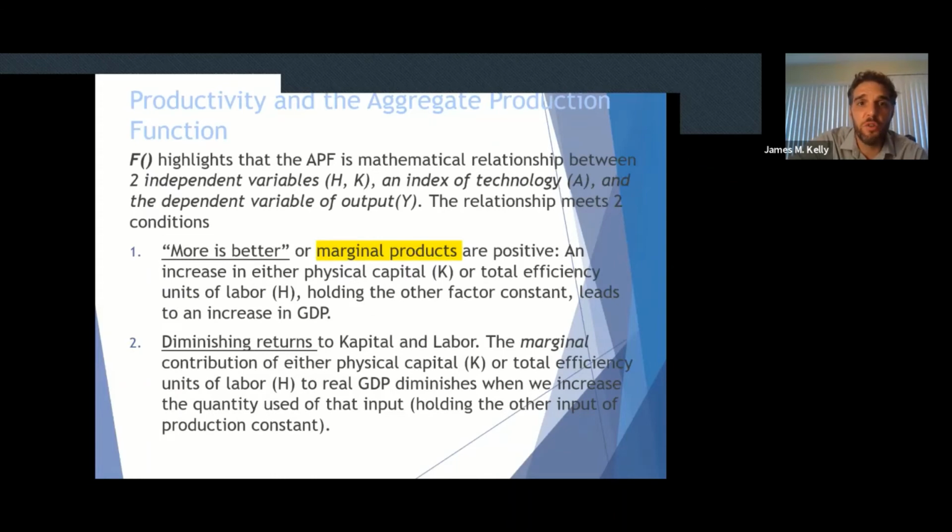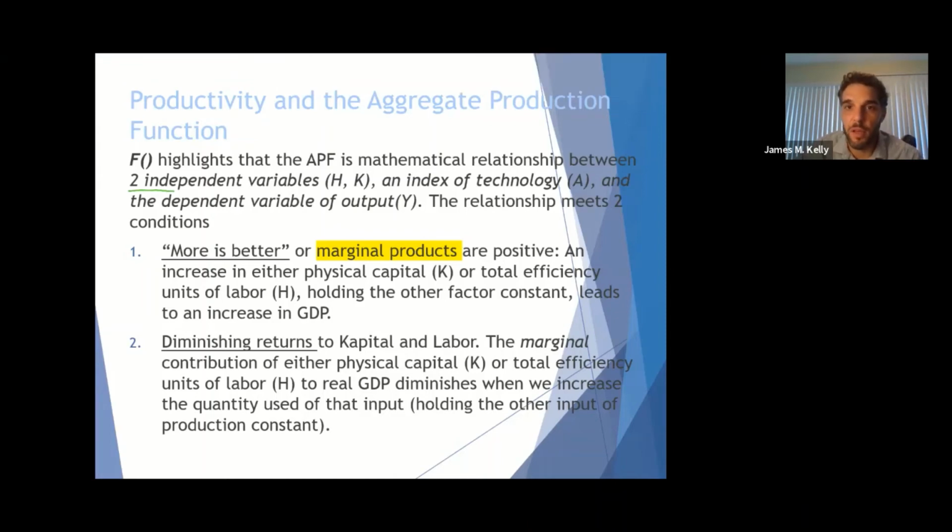As far as the functional form is concerned, like what is the shape of the function? Well, remember that there are two independent variables, and the relationship for those two independent variables of labor and capital is one, more is better, meaning that the marginal products, and we'll discuss what that is in a second here, are positive.